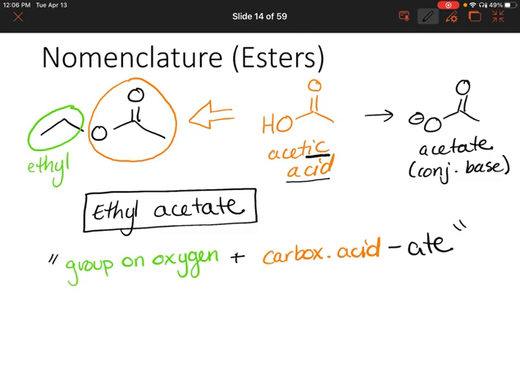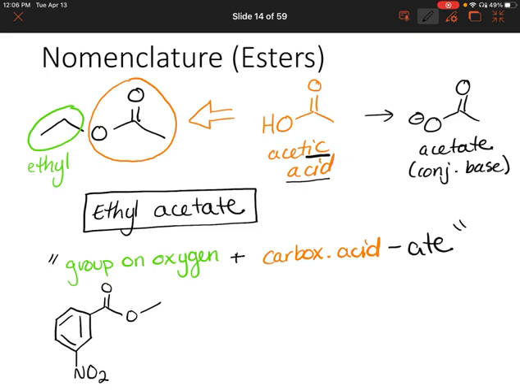So let's do a more challenging problem here. Let's say that we have our ester on a benzene ring, and let's say in the meta position we have a nitro group.